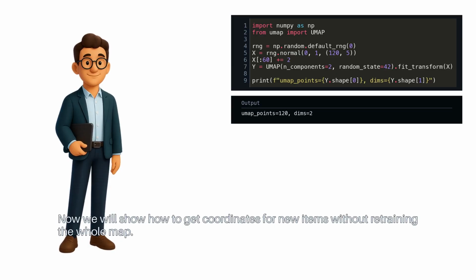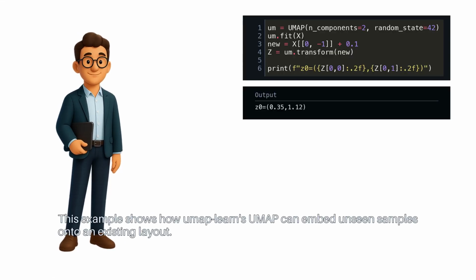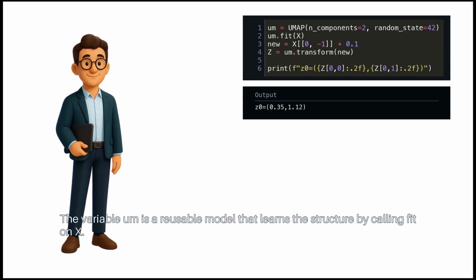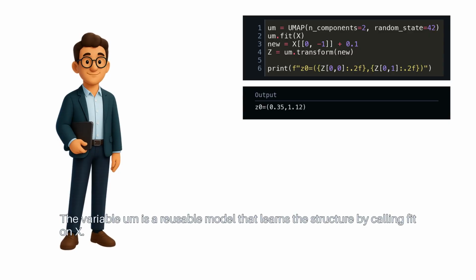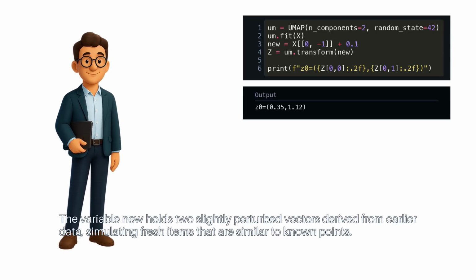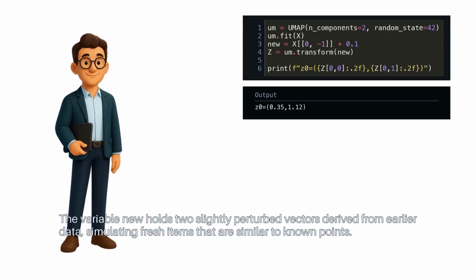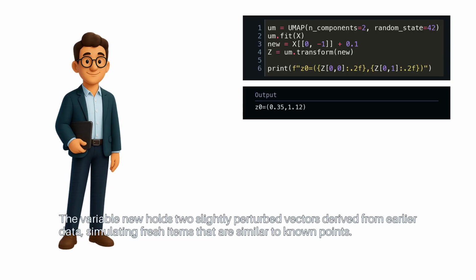Now, we will show how to get coordinates for new items without retraining the whole map. This example shows how umap-learn's UMAP can embed unseen samples onto an existing layout. The variable is a reusable model that learns the structure by calling fit on X. The variable new holds 2 slightly perturbed vectors derived from earlier data, simulating fresh items that are similar to known points.